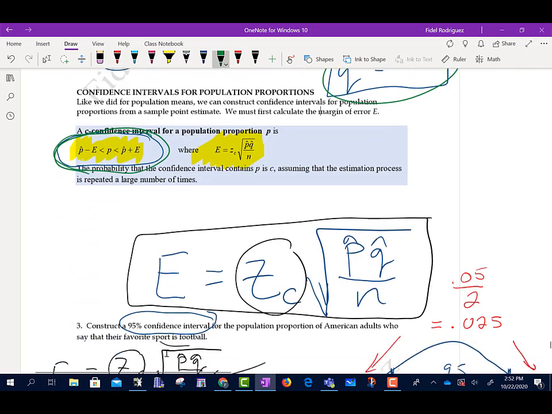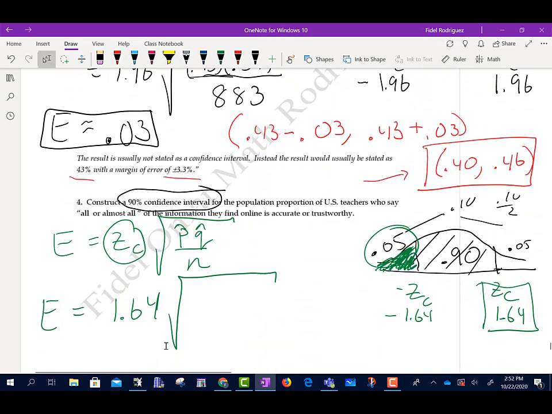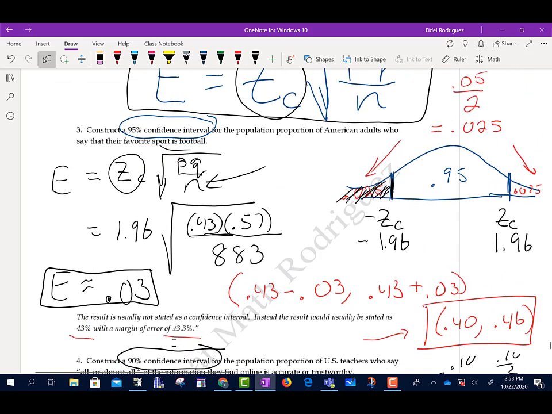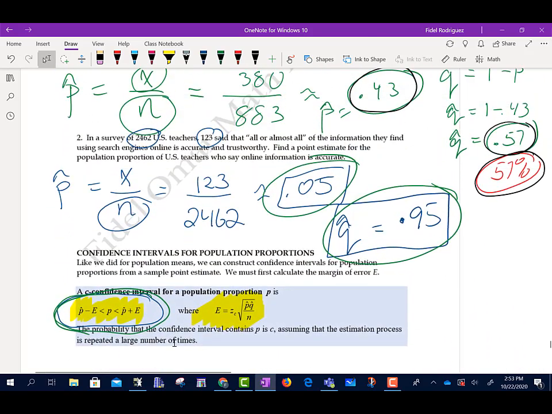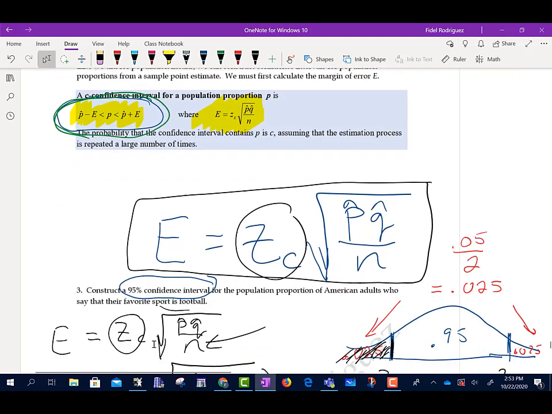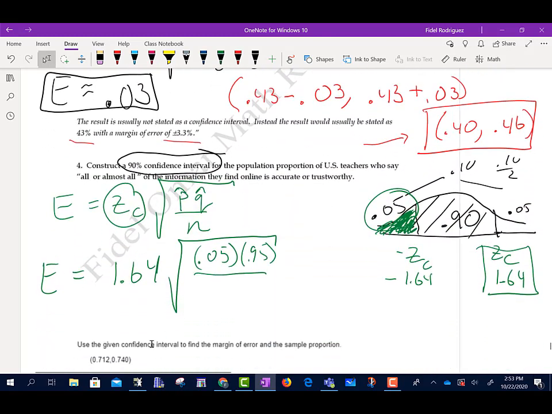So p hat is 0.05. q hat is 0.95. And then our n, there was a whole bunch of teachers that they surveyed. How many did they survey? 2462, right? 2,462. So let me scroll back down here and put this number in right there.